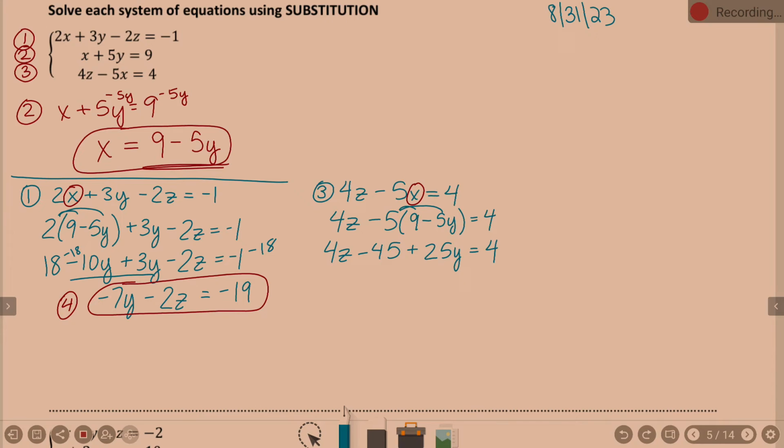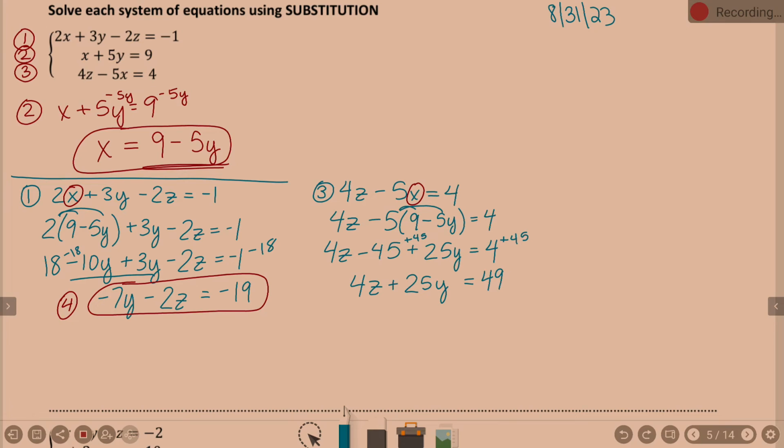Clean up. Move that 45 over. Keep the variables where they are. So if I add the 45 over, I have 4z plus 25y equals 49.